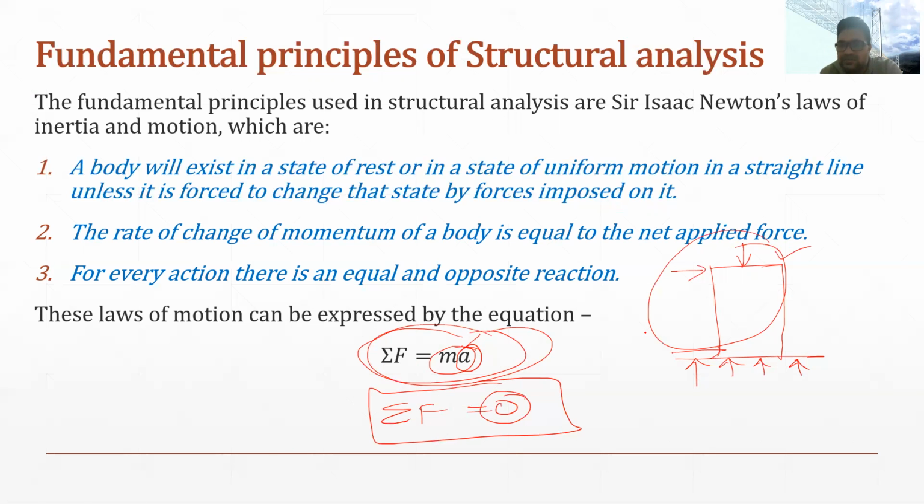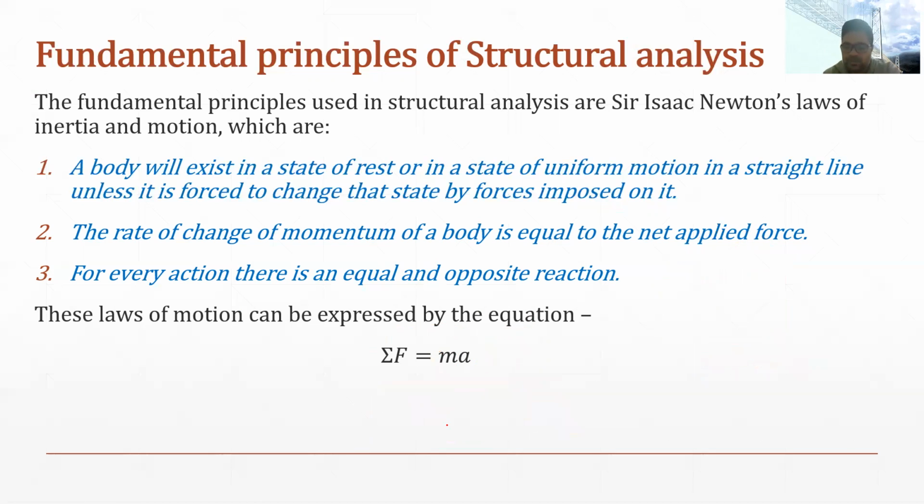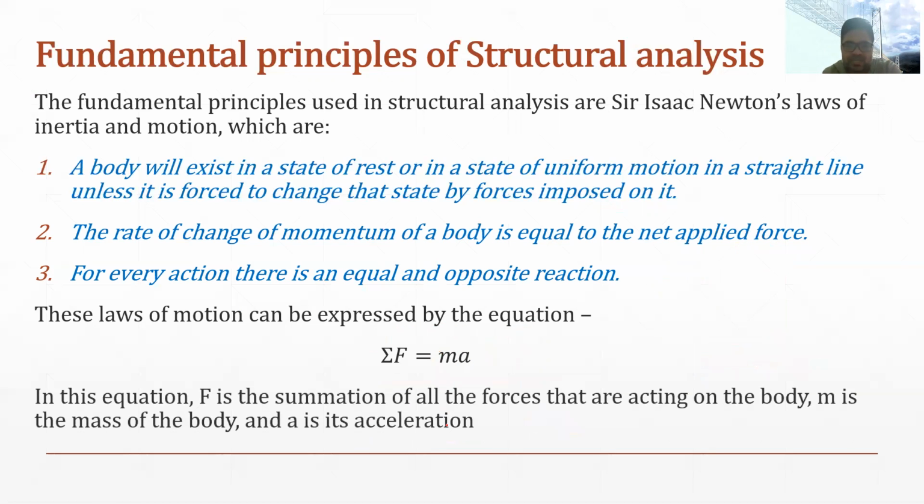So this is a very special condition, and we will follow this equation, summation of F equals 0, which means the summation of all the forces is equal to 0. As I have written here, F is the summation of all the forces, M is the mass, and A is the acceleration.